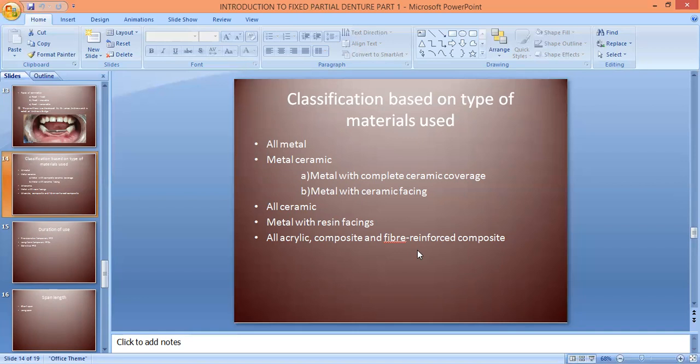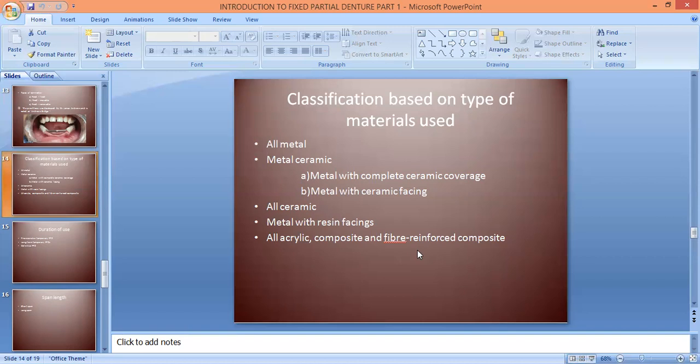Metal ceramic is the porcelain fused to metal with complete or partial ceramic coverage. That is, the labial or buccal surface will be ceramic and the lingual or palatal surface will be metal, which is metal with ceramic facing. The other one is where the inner layer will be metal and the outer layer will be ceramic.